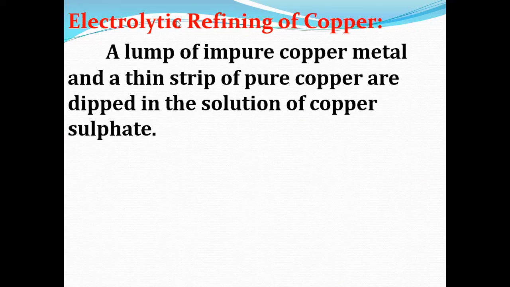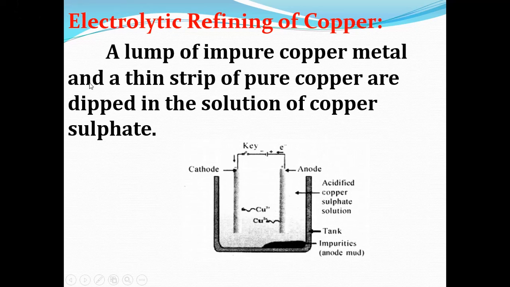Now here we can see one example, electrolytic refining of copper. Here we take a lump of impure copper metal and a thin strip of pure copper. They are dipped in the solution of copper sulfate. As I have already told, we dip it in a salt solution; here copper sulfate is the salt of copper.